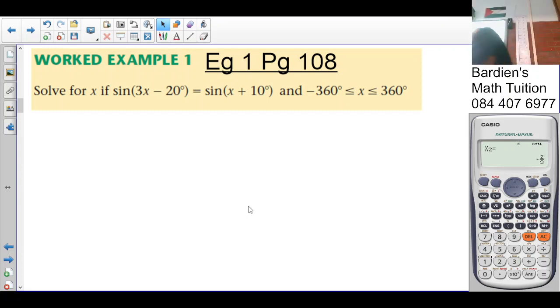What do you notice here? Okay, all of you are saying in your mind, sine is on either side.